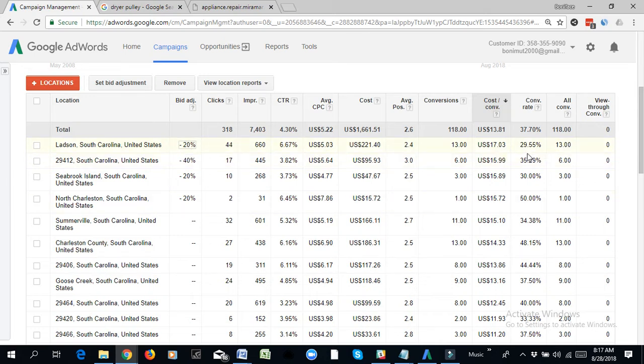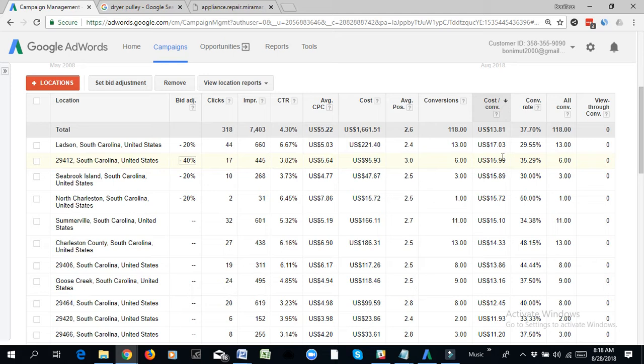So here we have the cost per conversion as 17, and for that one we applied already a negative bid adjustment of 20. This one for 15, a negative bid adjustment of 40. When this negative 40 was applied, this cost was probably 40 or 50.